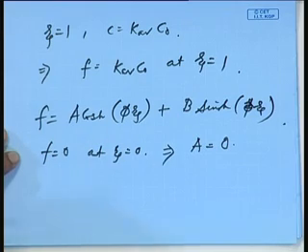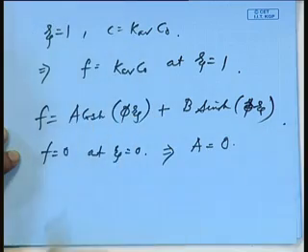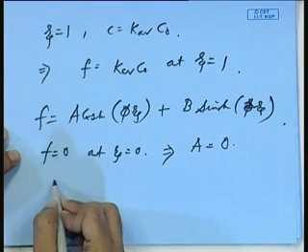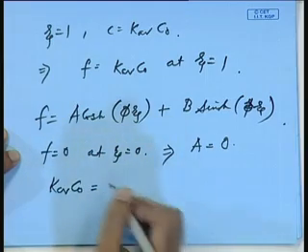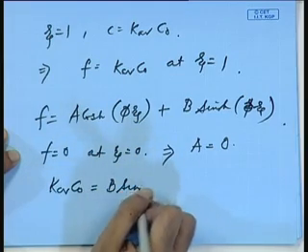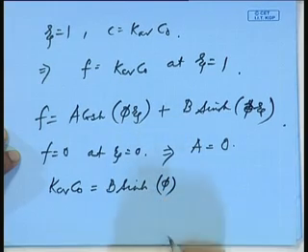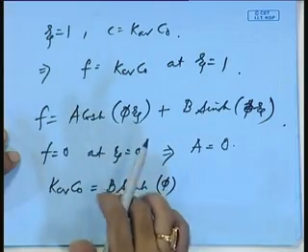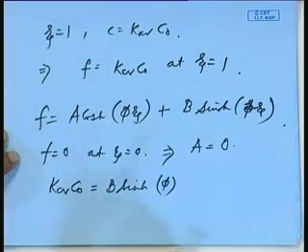Done. Second boundary condition was this one: F equals KV C naught at psi equals 1. So KV C naught equals B sinh phi. If I remember right, last time the eigenfunction that remained was the cosh, right. This time the sinh remains because of the boundary conditions.